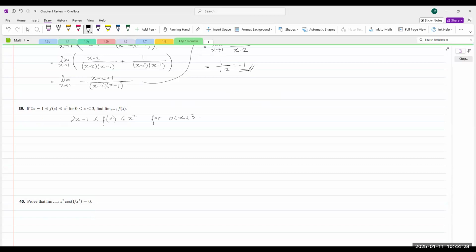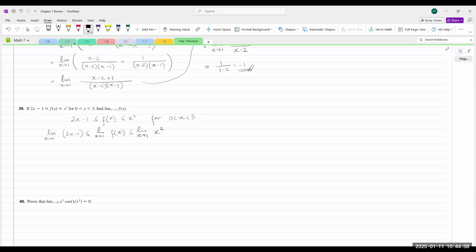Notice that 1 is in this interval, right? Okay, so when I apply the limit as x approaching 1, 2x minus 1 must be less than or equal to the limit as x approaching 1 of f(x), which is less than or equal to the limit as x approaching 1 of x cubed. I'm sorry, x squared.